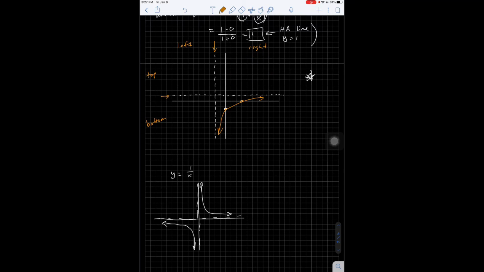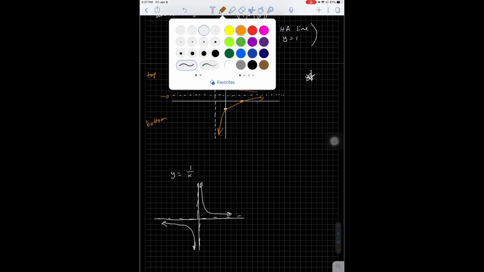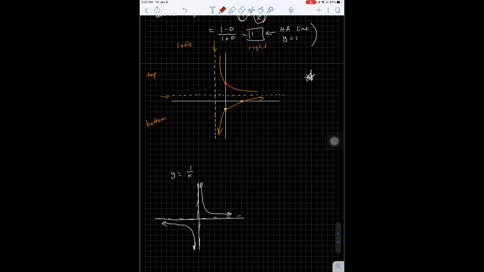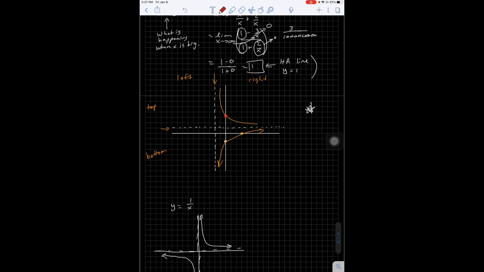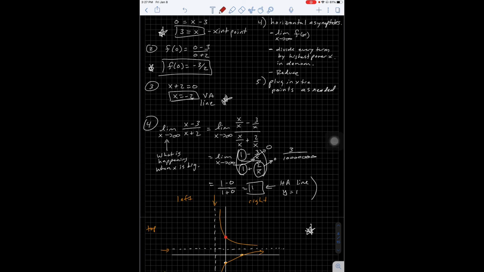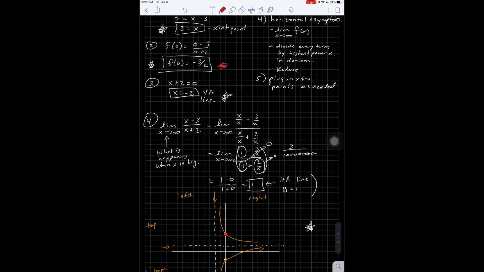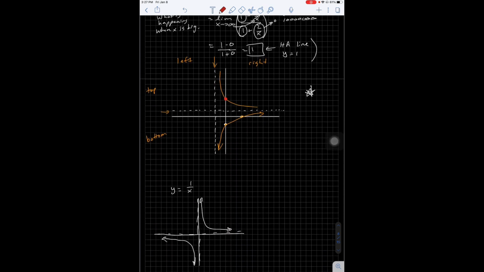Why? Because if I drew a swoosh in here, 2 things would have happened. 1, I would create another y-intercept, which is not true. This told me that my only y-intercept was -3/2. That means the only place I can cross the y-axis is right here. That's the first problem with drawing a swoosh up there.